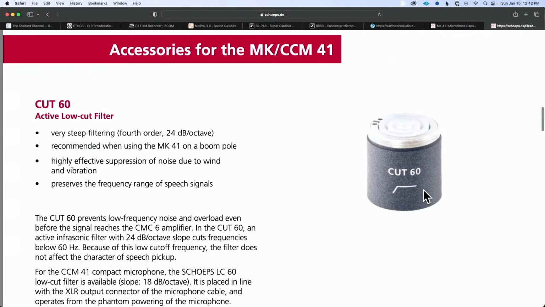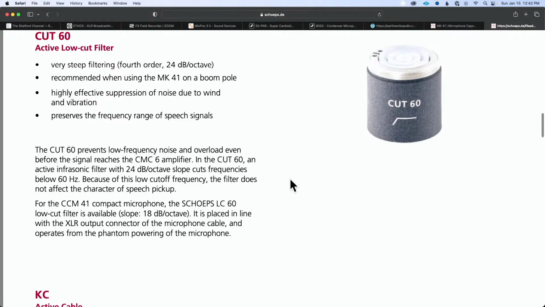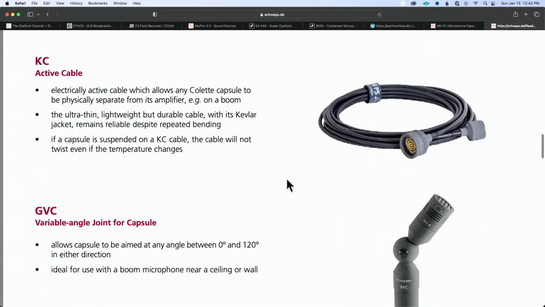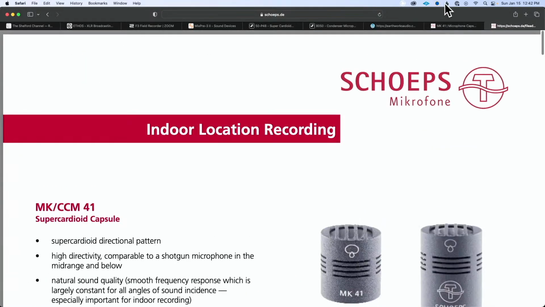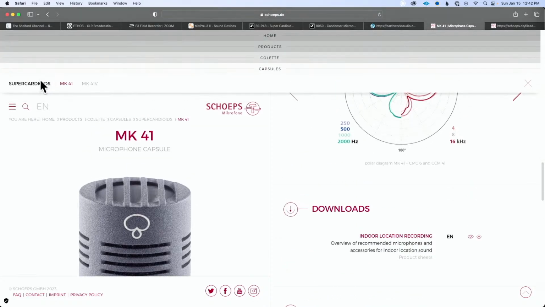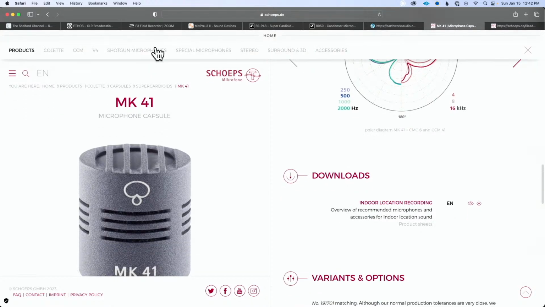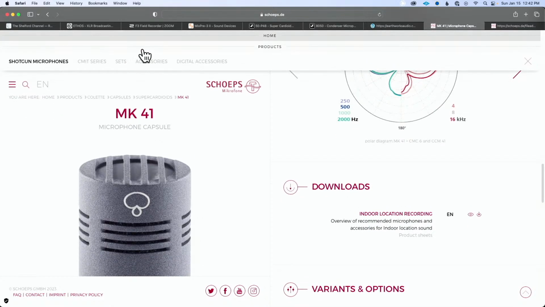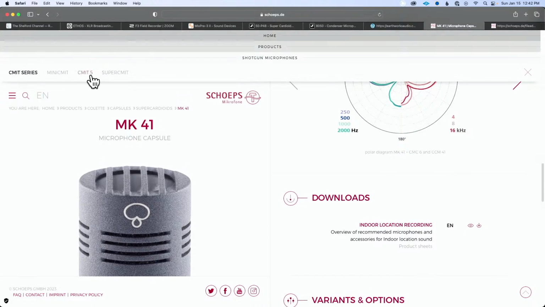This is also a modular system, so you can add a low cut or high pass filter as well as a module, like a physical module. Okay, anyway, let's go back here and take a look at the microphones. Product. Let's go to the shotgun microphones, and we're going to the CMIT series, and we'll go to the CMIT 5.